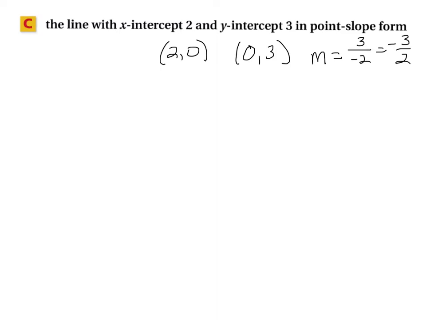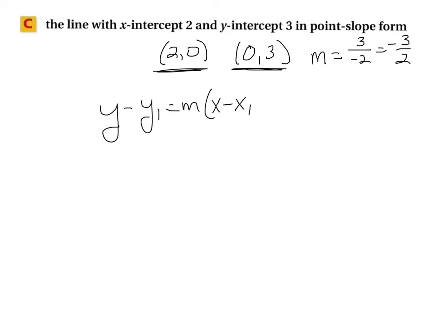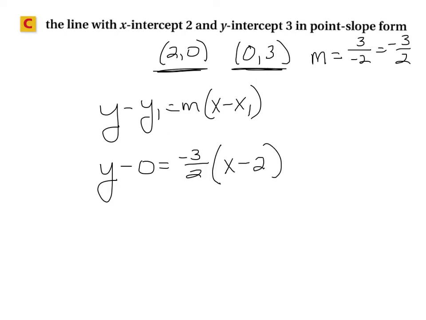So I can use either point. Remember we're doing y minus y sub 1 equals m times x minus x sub 1. If I use (2, 0) and plug that in, that would give me y minus 0 equals my slope, negative 3 halves, times x minus 2. If I simplified that, that would just give me y equals negative 3 halves times x minus 2.